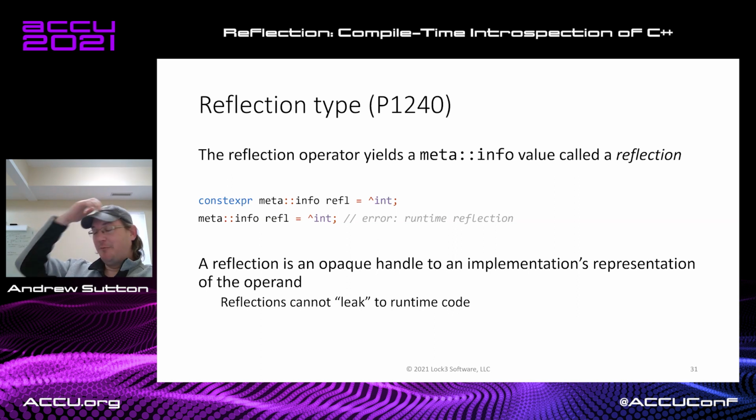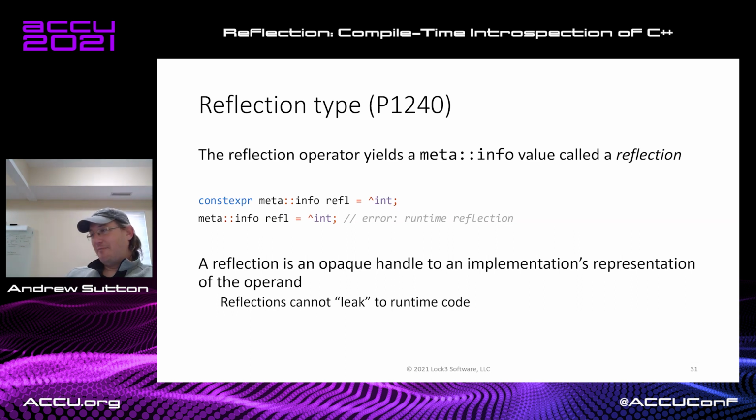If you've worked on compilers before, then you might recognize this as an AST pointer, an abstract syntax node pointer, that's been laundered into the translation system. In fact, that's actually how we implemented it in Clang. There are a couple of other ways to think about an implementation of this, but really we're just laundering AST pointers into the constant evaluation system.